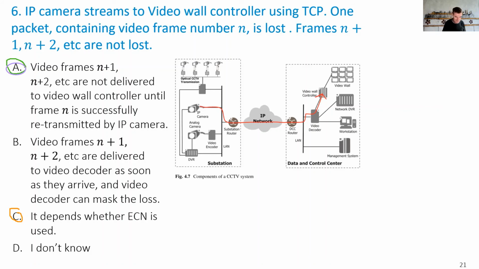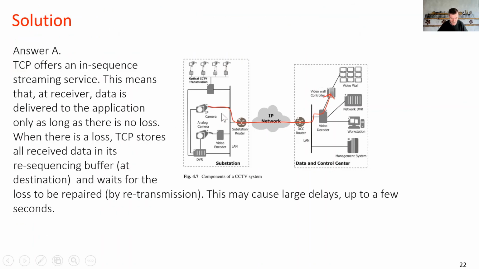The correct answer is A. So here what will happen is that, because of the in-sequence service of TCP, if a packet is lost, TCP will stupidly, perhaps, but that's the nature of the streaming service, not deliver the data that were sent after.